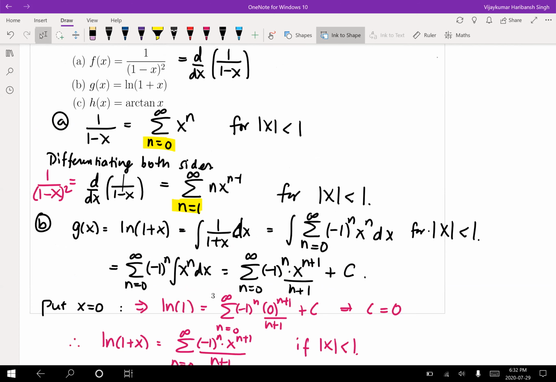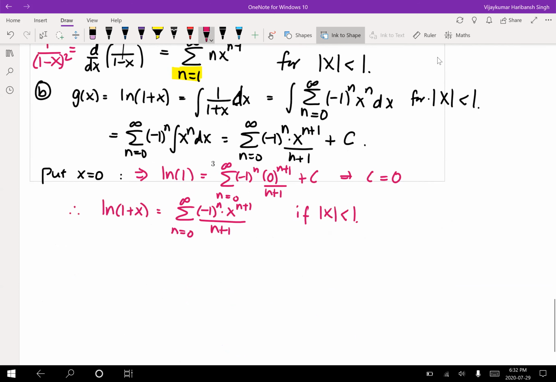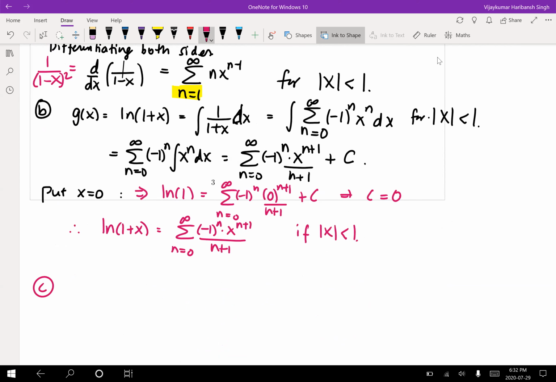So now let's look at the next example. So we have C, we have h of x equals tan inverse, or arctan, of x. Now this is the integral of 1 upon 1 plus x squared dx.